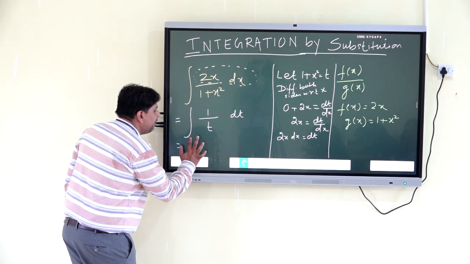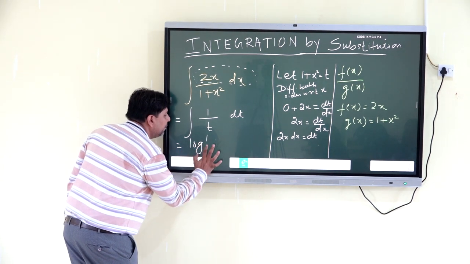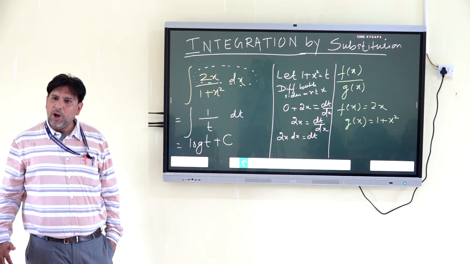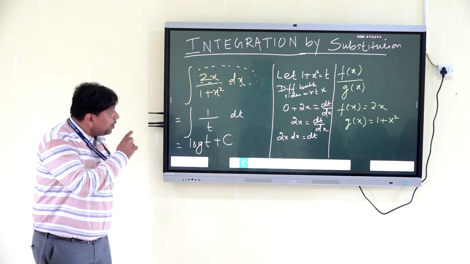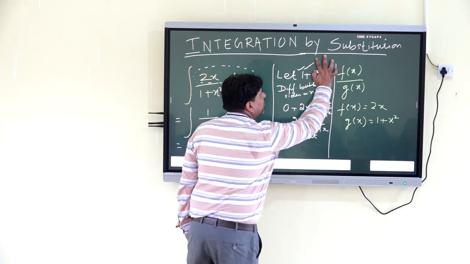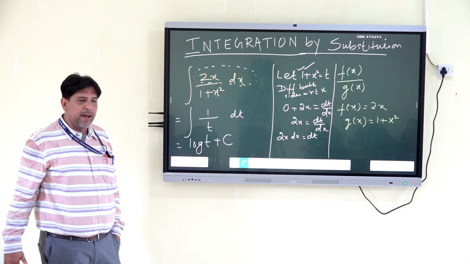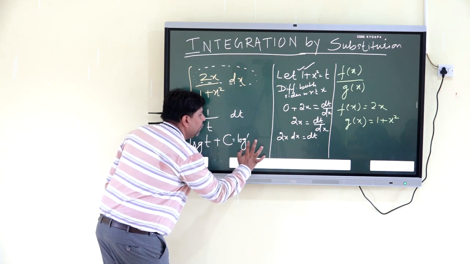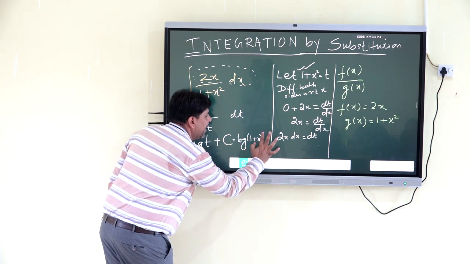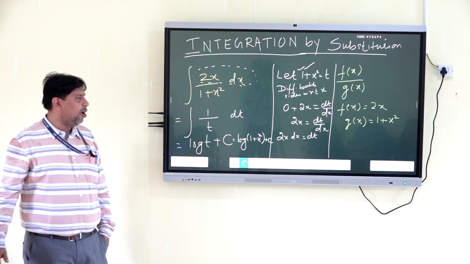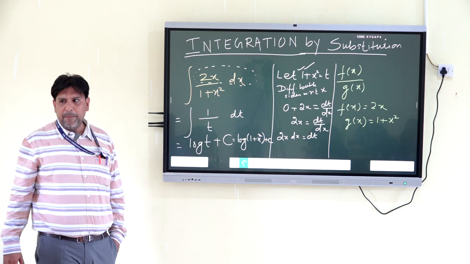But what was t? The value of t was 1 plus x square. So what is my answer? Log of 1 plus x square plus c. This is my final answer.